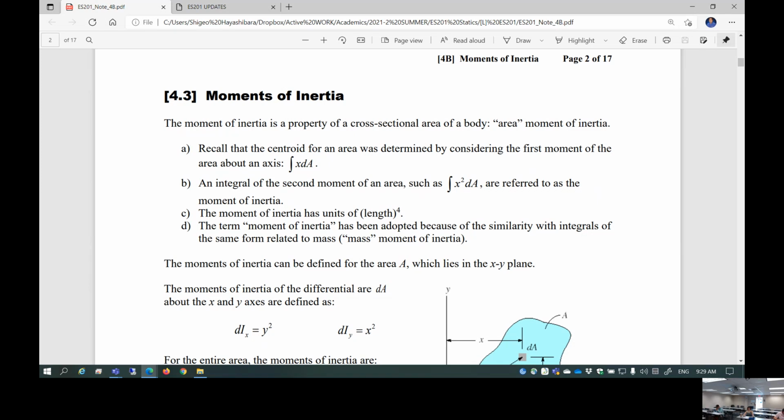Moment of inertia. This is one of the subjects that when I took this class, I had no clue what the teacher was talking about. Moment of inertia, what the heck is that? Well, the term actually confuses students. The same terminology is used for two different areas. One is mechanics, which is essentially dynamics, spacecraft design type of thing.